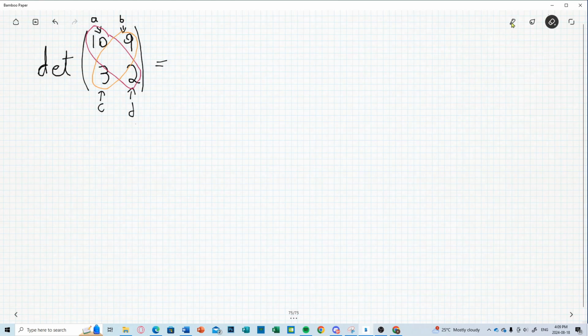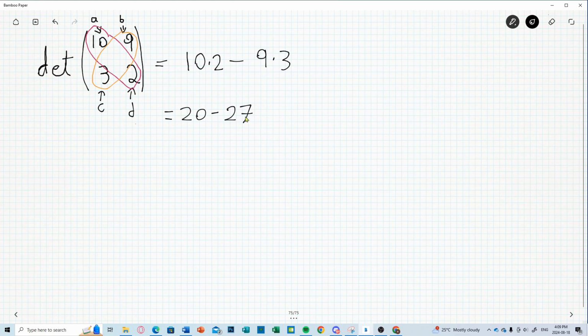So what this is going to give us is 10 multiplied by 2 minus 9 multiplied by 3, which will give us 20 minus 27, which gives us a determinant of negative 7.